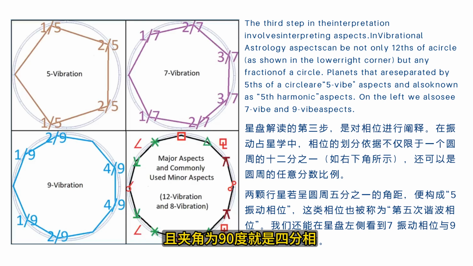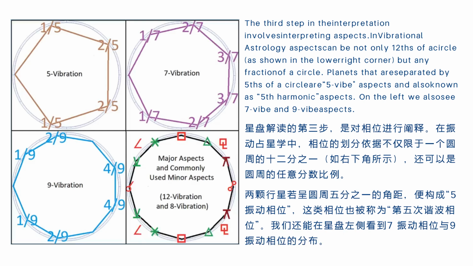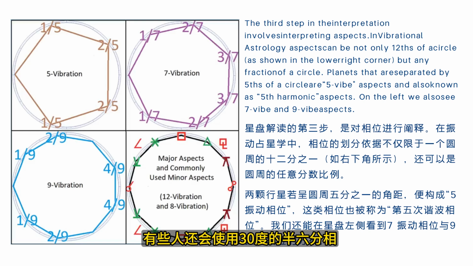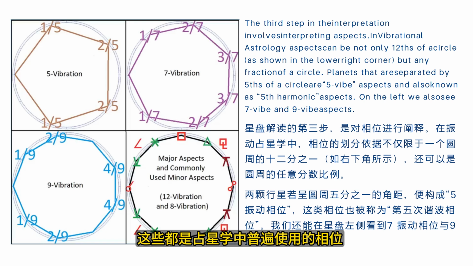We have the square. So we have a conjunction, a square, the opposition. We have the sextile, 60 degrees, the trine, 120. Some people also use the semi-sextile and the quincunx, 30 and 150. And some people now also use the sesquiquadrate, which is between the square and the opposition. And some people now use a semi-square, which is halfway between the conjunction and square. Those are the aspects that are generally used.